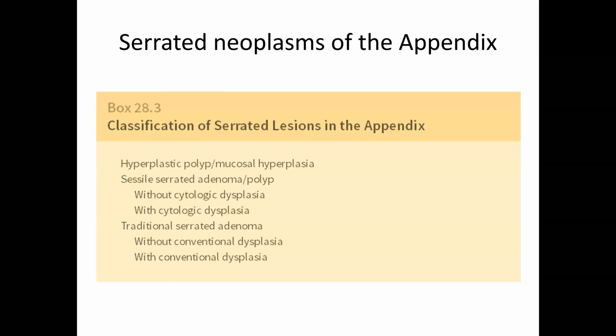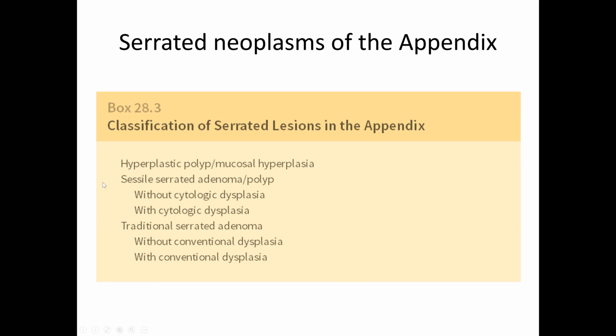So let's come back a little bit and talk about some of the other polypoid lesions or precursor lesions that may be encountered in the appendix. These include the serrated lesions. These are not that infrequent and not infrequently can be overlooked.